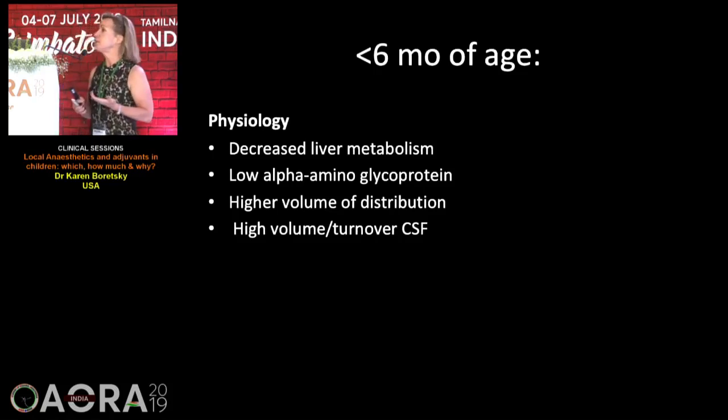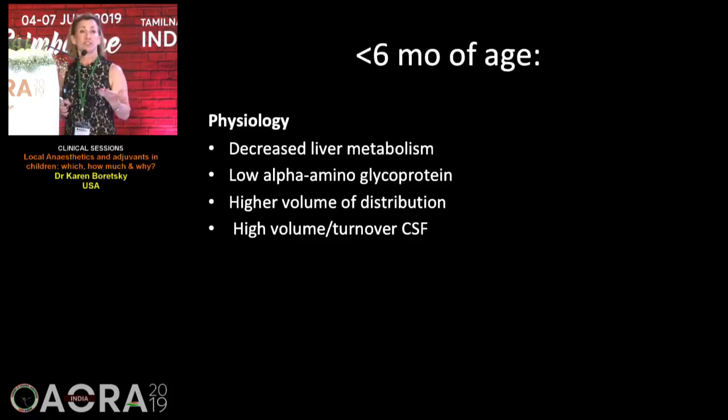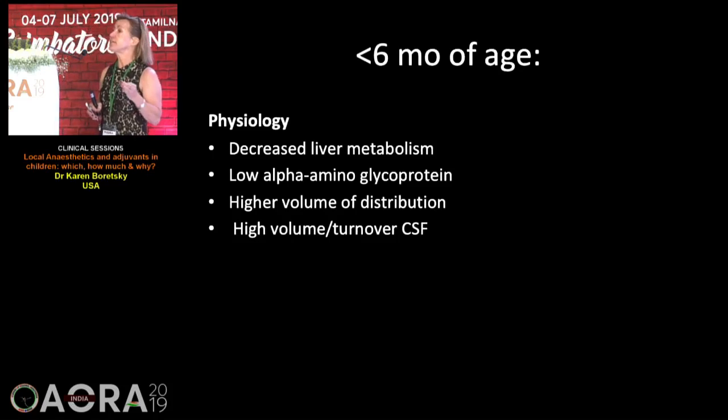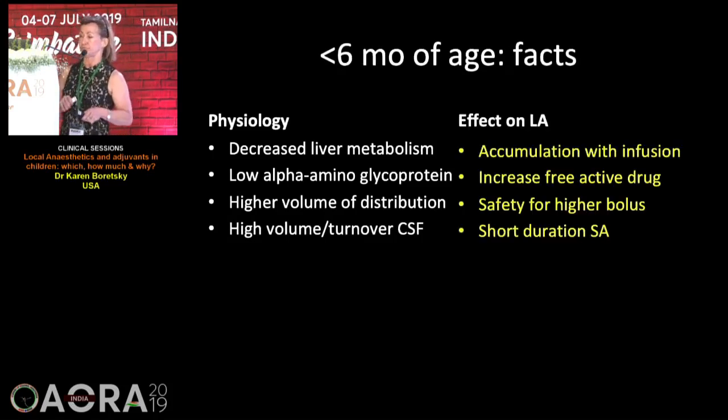We see decreased liver metabolism and low proteins, and the most important protein we worry about in infant plasma is alpha-1 acid glycoprotein. They have a high volume of distribution, a higher percentage of water, and a much higher volume and turnover of CSF, which impacts spinal anesthetics.